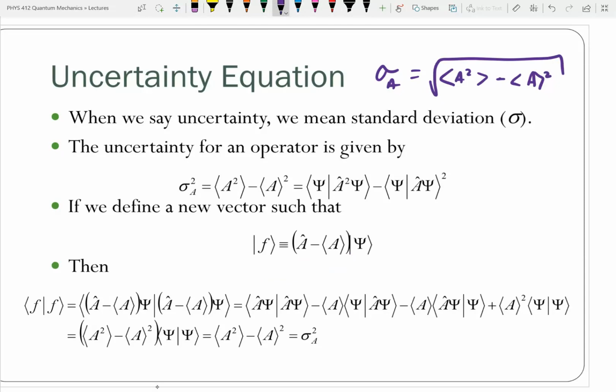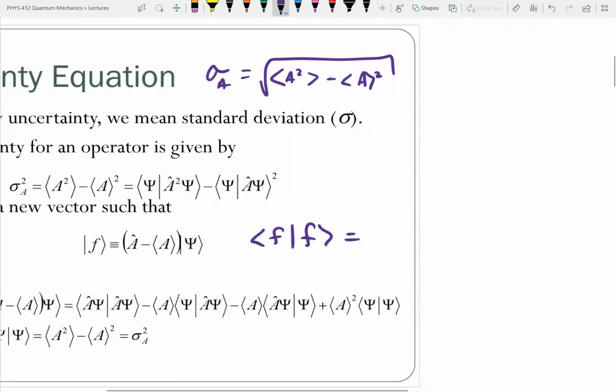So we're going to do, remember, if it's the bra, that means that it's actually the complex conjugate when we get to integrals. So if we were going to show this as an integral, well, first I'll show it without the integral, and then I'll show it with the integral.